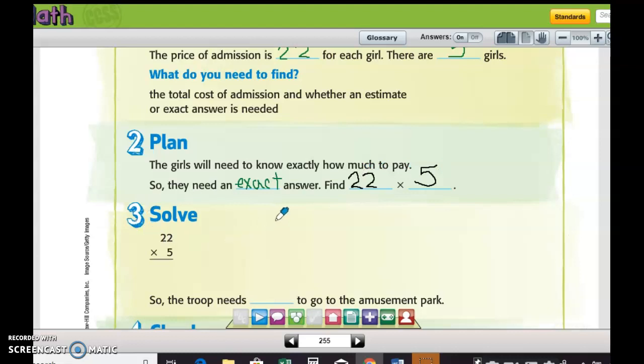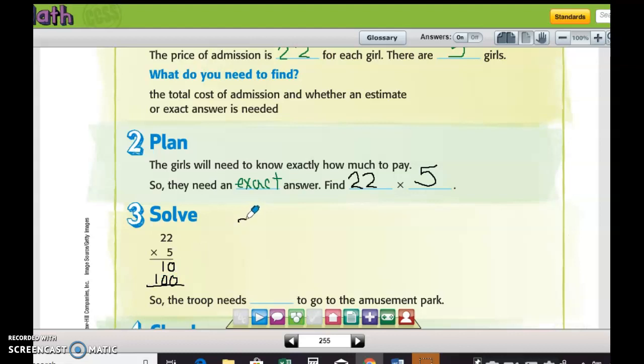22 times 5. So 5 times 2 is 10. You can either write it this way and put your 10 underneath, and then do 5 times 20, which is 100, and add those up.